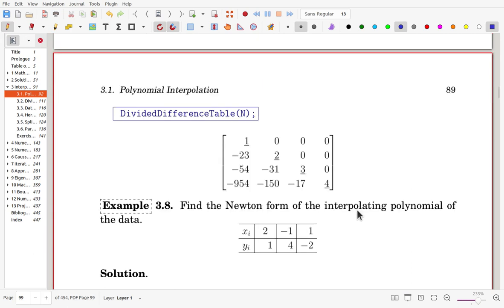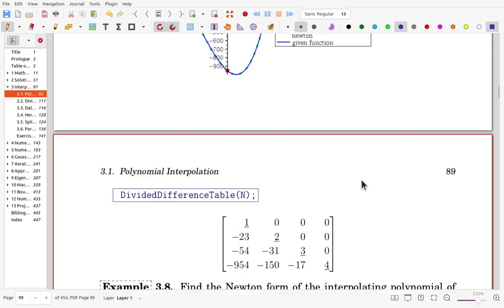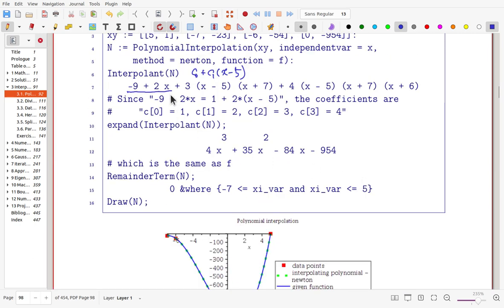Okay, and also we try to print out the divided difference table. Then later you will learn what it is. Now, once we use divided differences, then the diagonal will be the coefficients for this Newton form of polynomial.